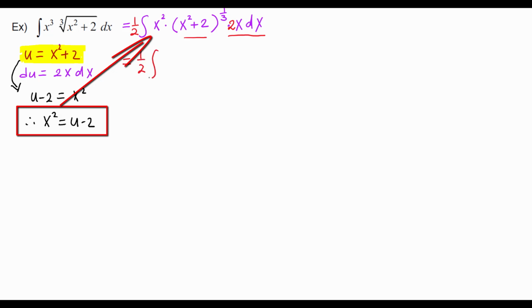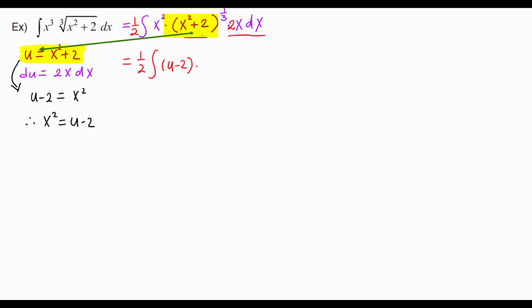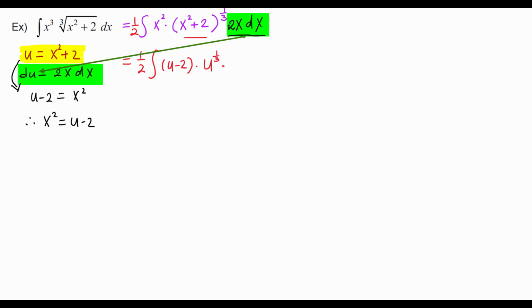That's 1/2 times my x squared, which is u minus 2, times x squared plus 2, which is u to the 1/3 power, times 2x dx, which is my du, which is equal to 1/2 times. Now go ahead and distribute.